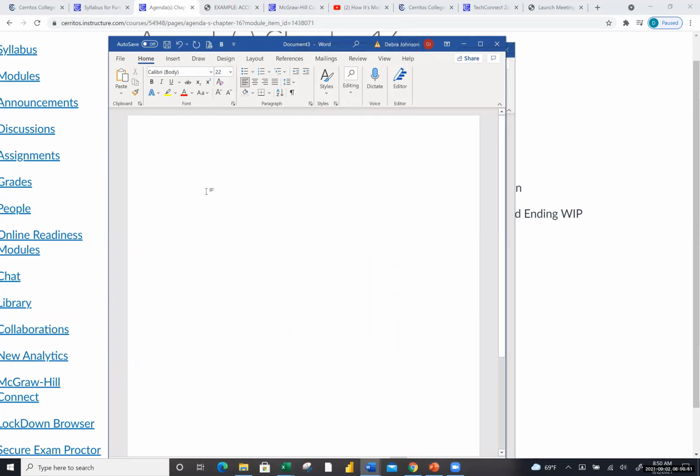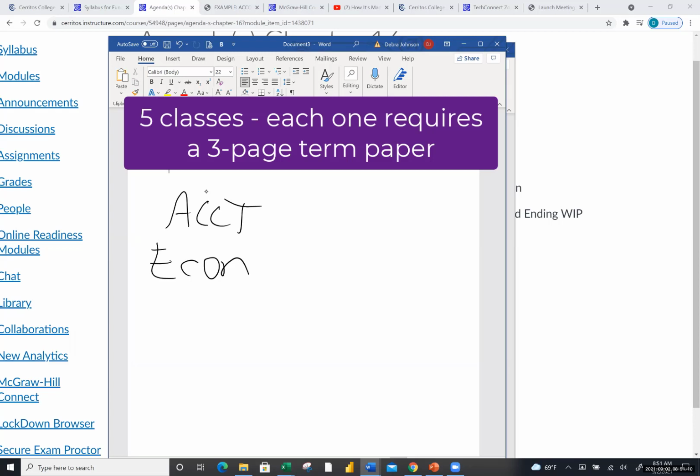And I've had pretty good success making this comparison. Let's assume that you have 5 classes, right? And you guys are college students, you're probably familiar with the term paper. Let's just write some down here. We all know you have an accounting class. Let's say that you're taking your econ class, you're taking a sociology class, you're taking a calculus class.